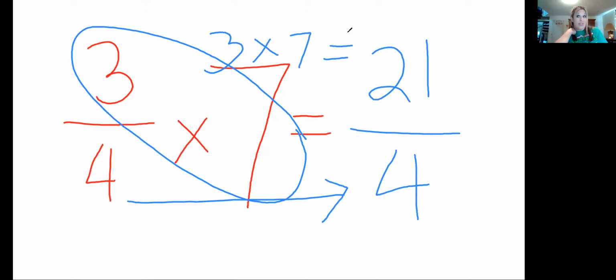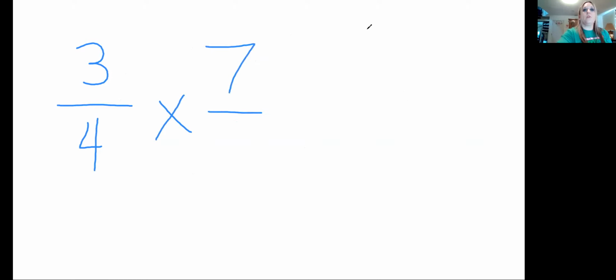But what Miss Greenberg taught you, and this is a strategy that I think you should continue to use because you're going to need it when you do Hours of Sound, was anytime you see a whole number with a fraction, put it over a 1.